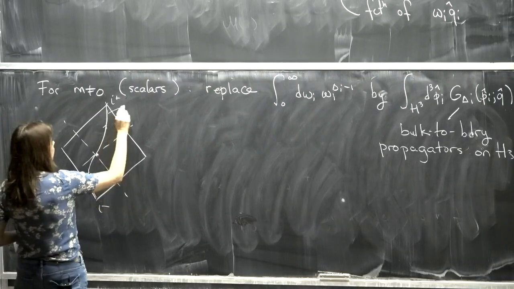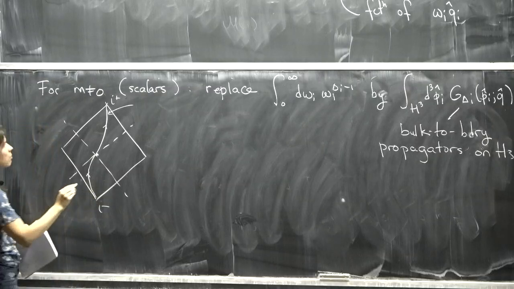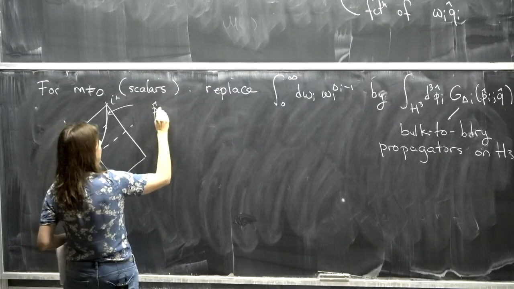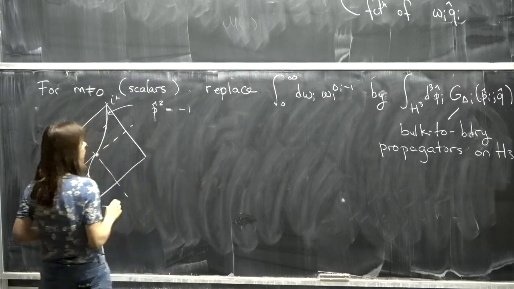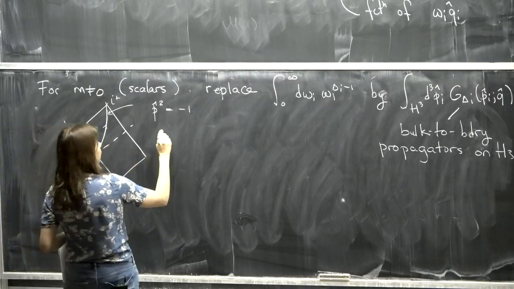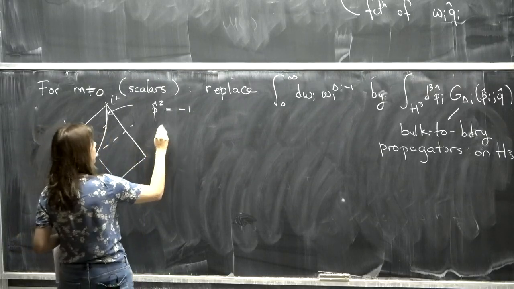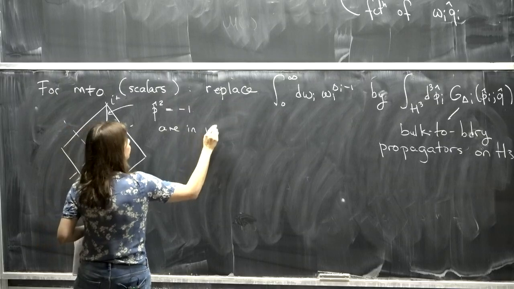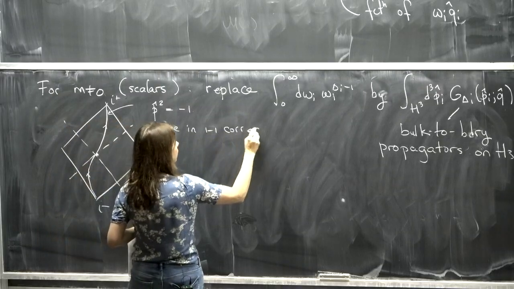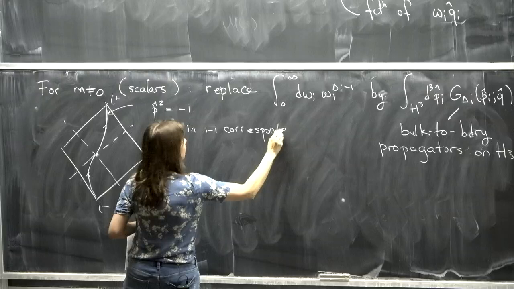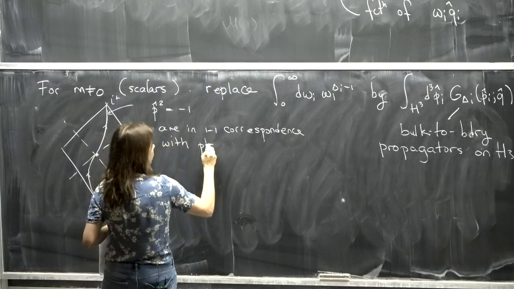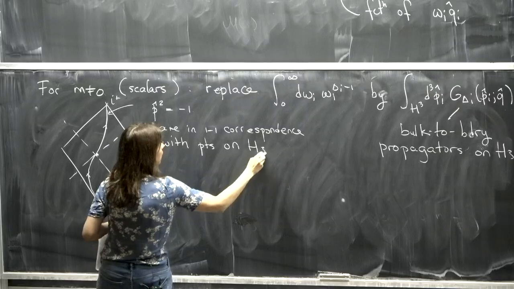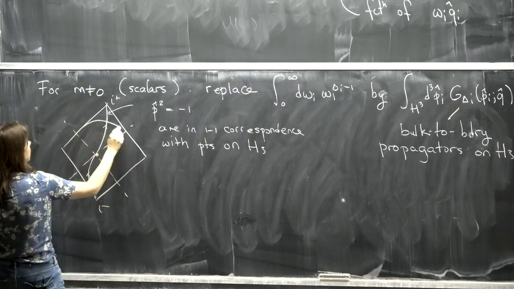In particular, the asymptotic momenta that obey p hat squared equal to minus 1, these are just the massive on-shell momenta, are in one-to-one correspondence with points on these Euclidean hyperbolic slices.